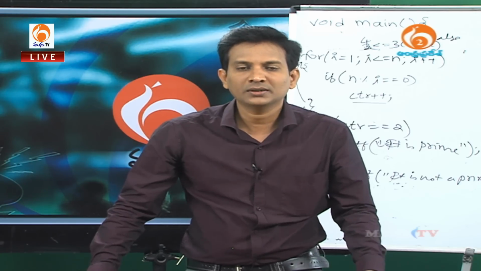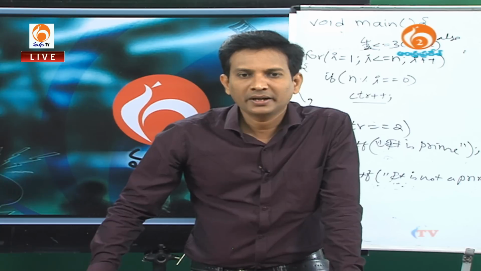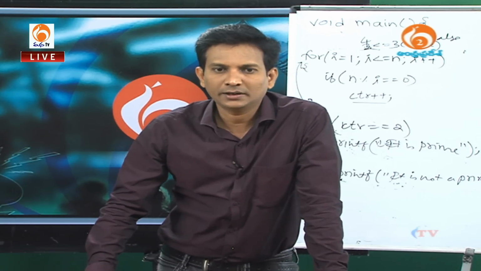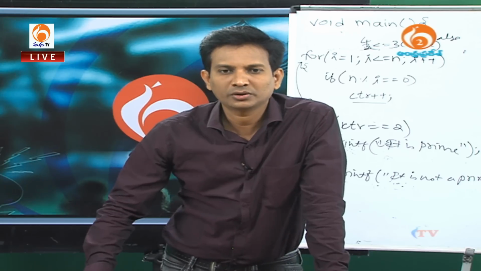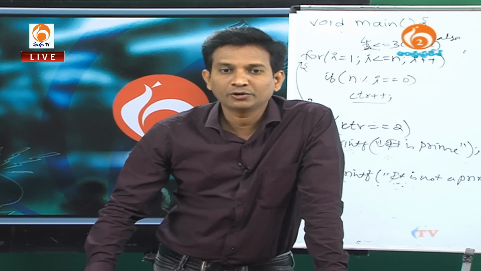I think our technical team will scroll the question numbers. After the break, you can ask questions regarding the technical round, C language, or Java. I am ready to clarify your doubts and queries.